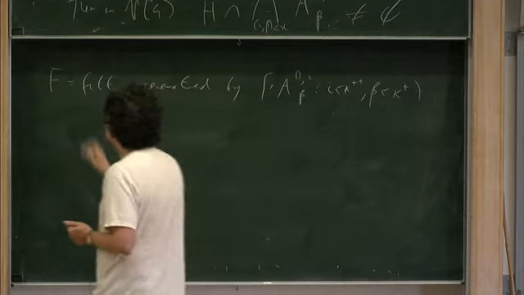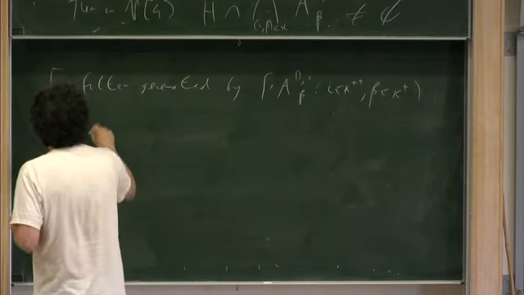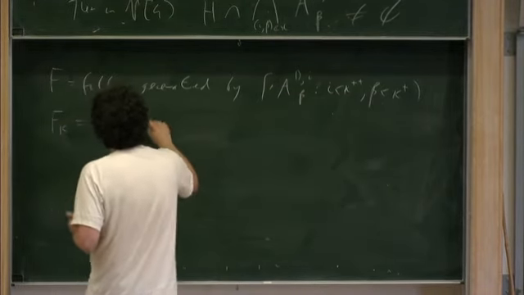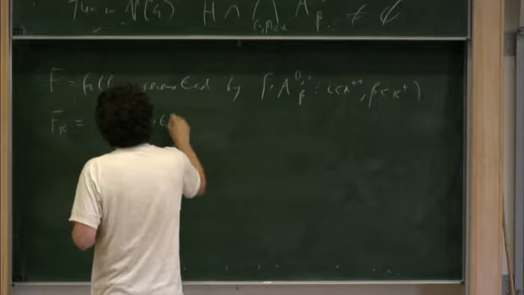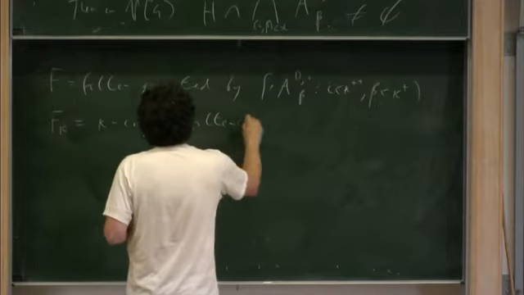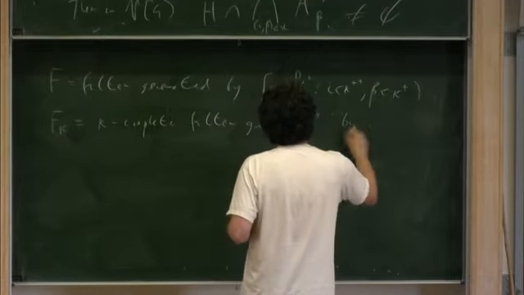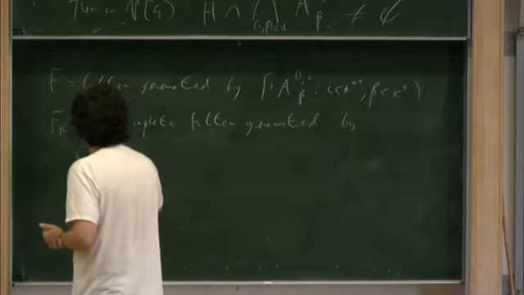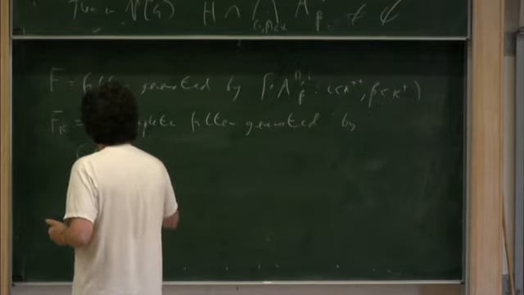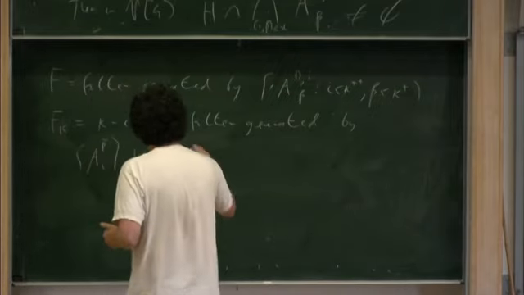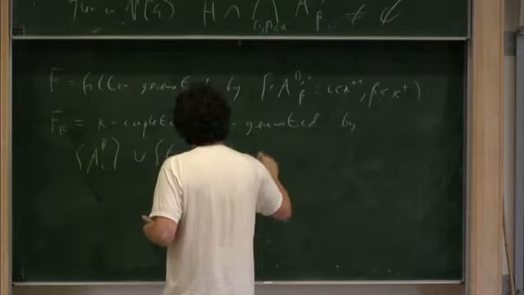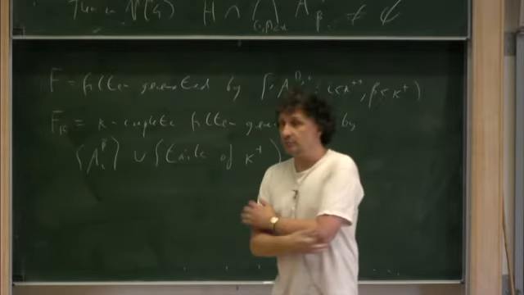F kappa is going to be the kappa complete filter generated by the collection of A beta I as before, together with the final segments of kappa plus.